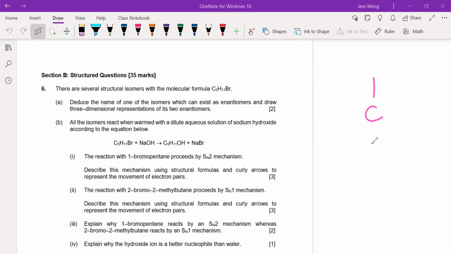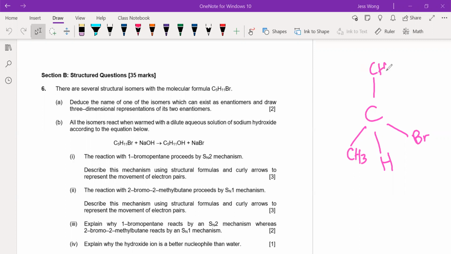Then you must have different substituents, right? So for example, you may want to use a Br, and then one of the groups be a H. So we still have 4 carbon, so you can't distribute 2 and 2, because then you will have 2 similar groups. So you may have to distribute, let's say, 1 CH3, 1 and 3.